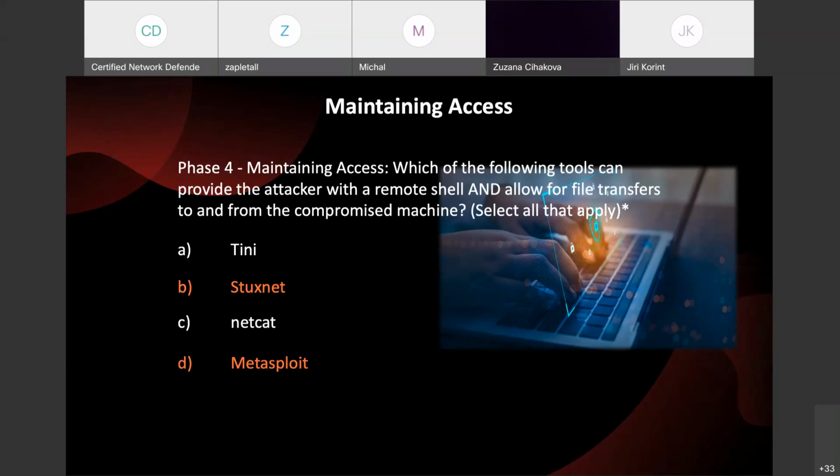Stuxnet was famously the worm utilized to hack into Iranian nuclear power facilities, and Metasploit is a powerful framework used by criminals and ethical hackers to probe systems for vulnerabilities.